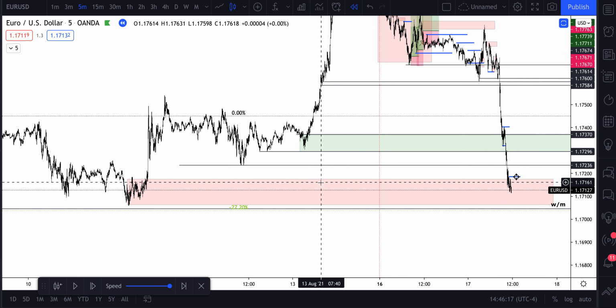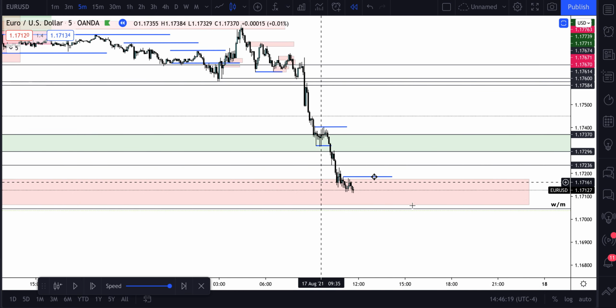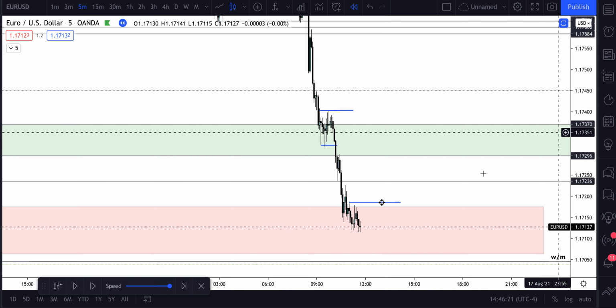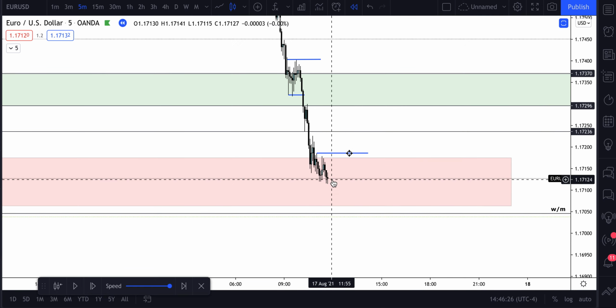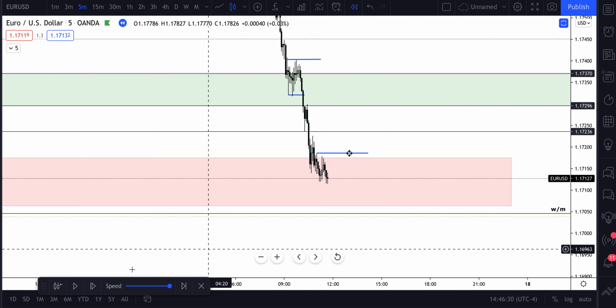This is on the daily. And what we're expecting right now, if it hasn't already happened, is for this massive daily zone to get liquidated, right? For the market to just push straight through, right?